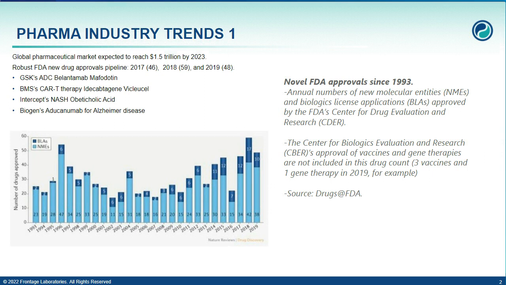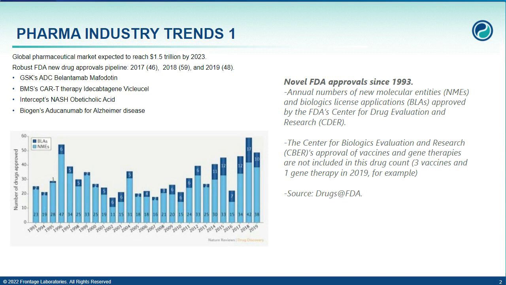The slide shows that the global pharmaceutical market is expected to reach $1.5 billion by 2023, and we can see the BLA and NME approved by FDA in the figure.